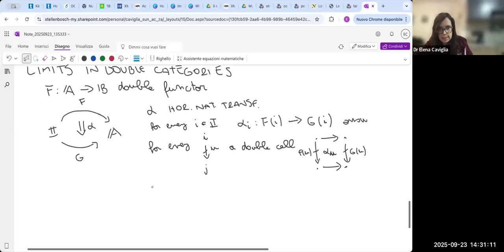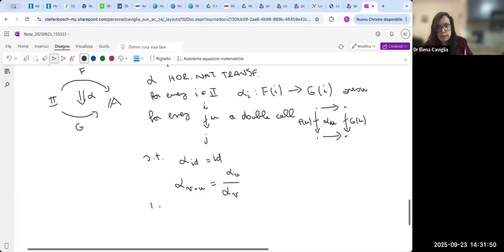And these data are such that, if we consider the identity pro-arrow, alpha of identity is the identity double cell, but also alpha of V composed with U is going to be alpha U alpha V. So we compose the two double cells vertically.